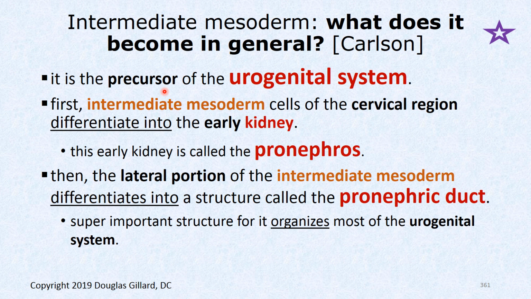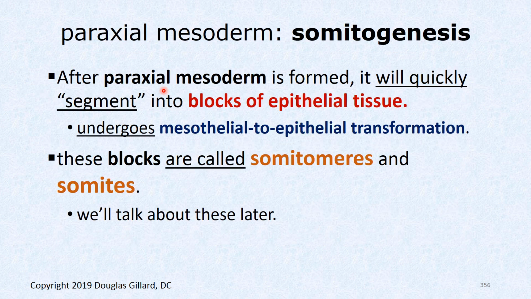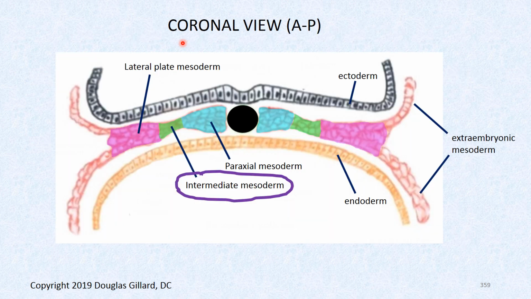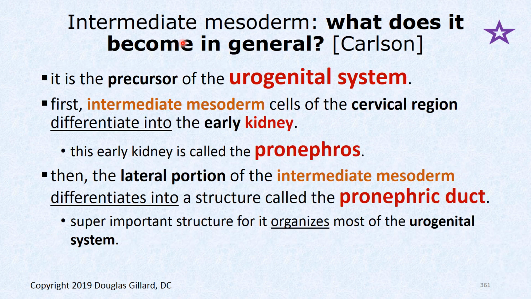I didn't say what the paraxial mesoderm will become. Most of the axial skeleton and ribs, amongst other things, but we'll save that because I'm going to really get into that story. But what does the intermediate mesoderm become in general? Basically, the urinary tract and the genital system. So therefore we call it the uro, which means kidneys and ureters.